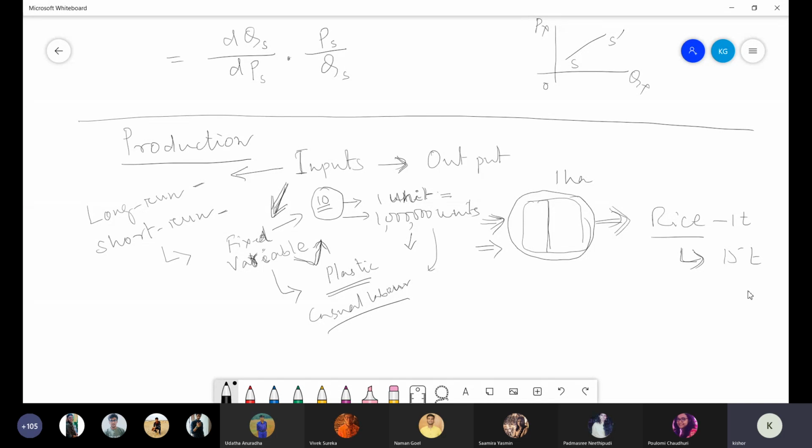But fixed input remains fixed, like this building size, factory, number of machines, no change, because you are considering a time period of, say, 15 days, 1 month. So this is an example of fixed input and variable input. And in the short run, you will find 2 types of inputs: one is fixed input, another is variable input.